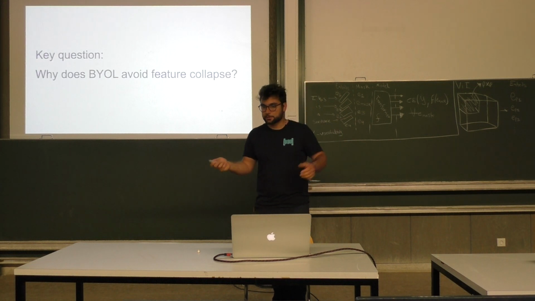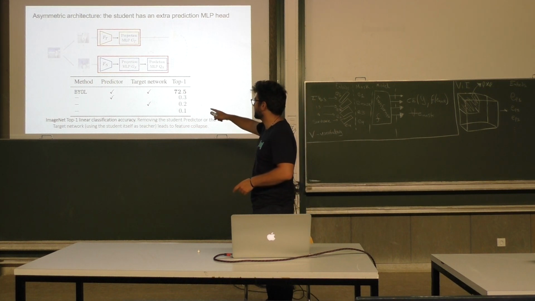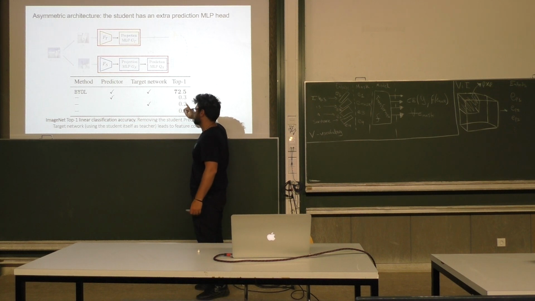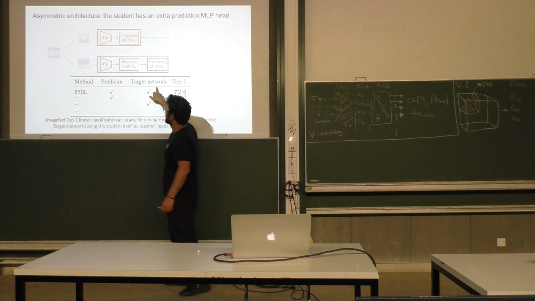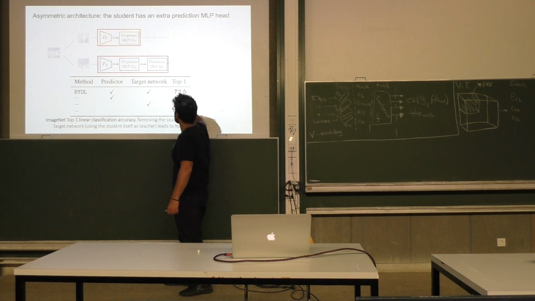We already answered this question. The main components are here. You can see on the table they try different combinations, and in these three scenarios there's usually only one difference. So here they remove the target network. The target network in their paper is this additional MLP that's called predictor. Collapse.